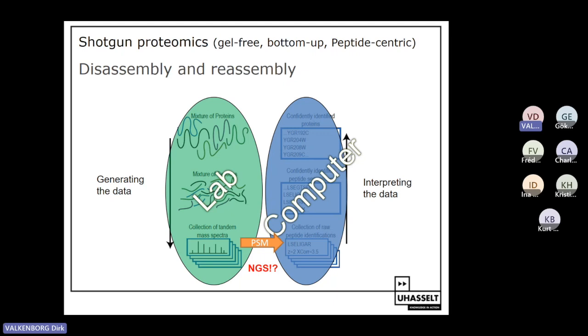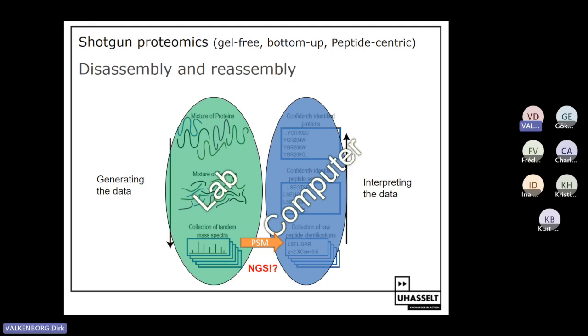In this mass spectrometry, we collect MS1 data. That means we catalog all the peptides that elute from a column at a certain time, and we record much information about these peptides. And then in the MS2 phase, we will select one of these peptides and further break it down into a tandem mass spectrum.